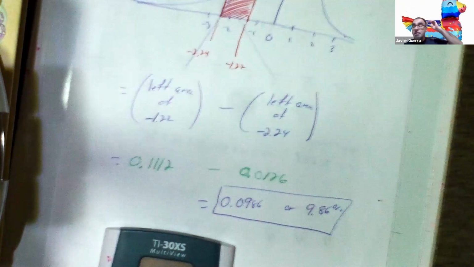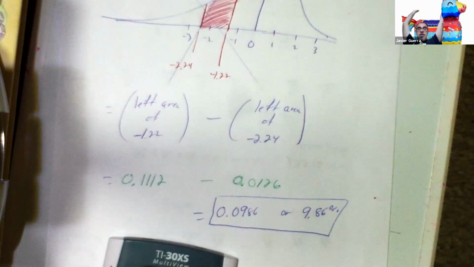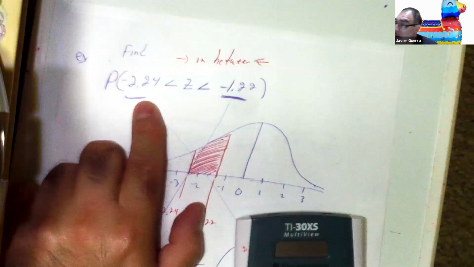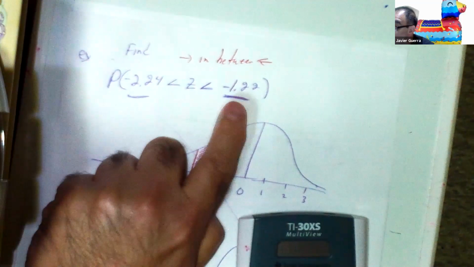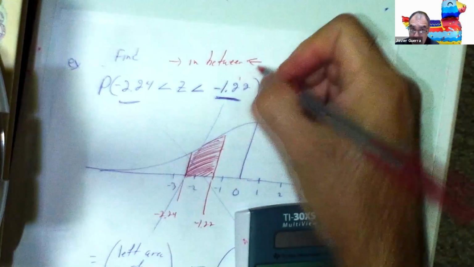There you go. So there's your example of two in-betweens. You have to just enter those two numbers. You gotta enter that one first, that one second. I should have labeled it 1 and then 2. Right? And then subtract the two areas.